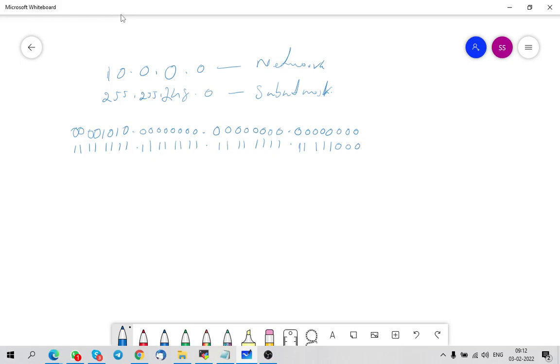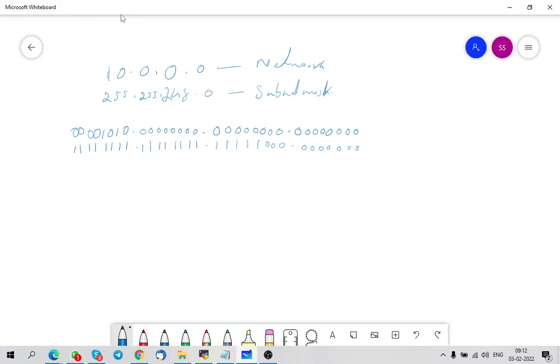Here the third one is 248, and this last one is 0.